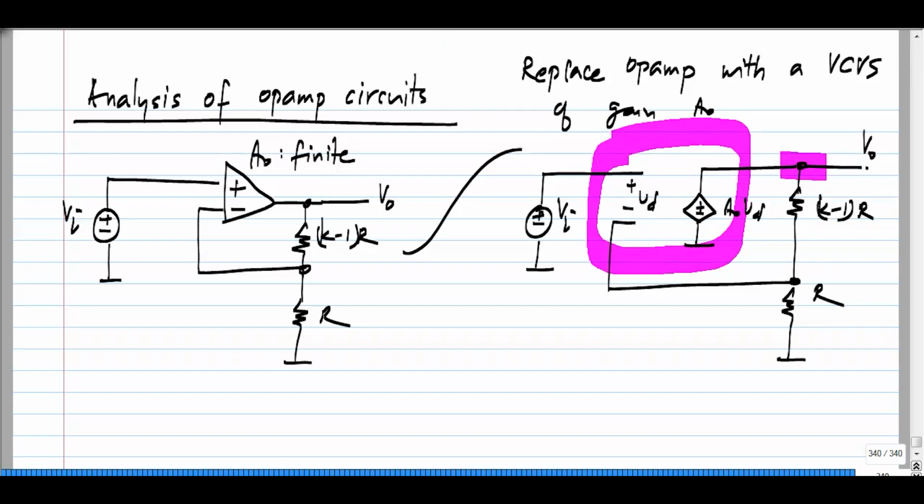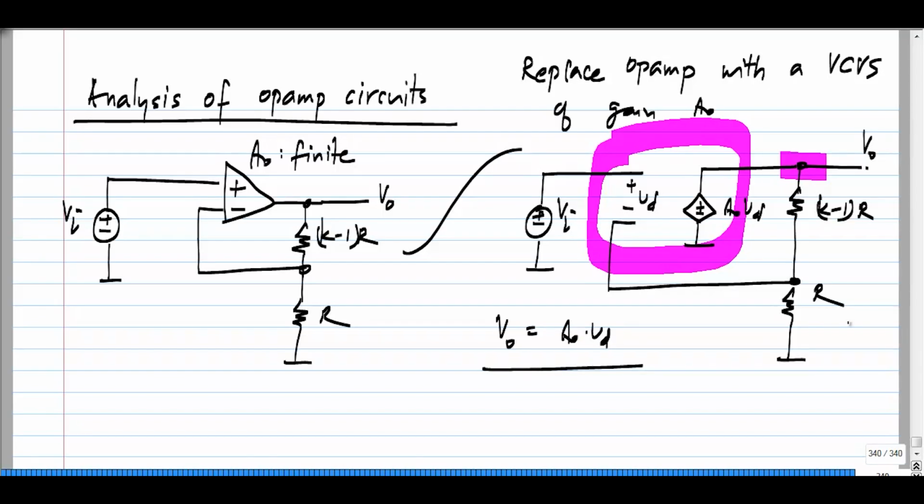Okay. So, in this particular case, we cannot write a KCL equation at this node. Let us say if we are doing nodal analysis, but we can do it at this particular node, and then we use the control source equation, which is V naught equals A naught times V D as the extra equation.